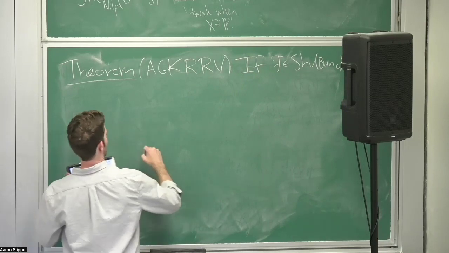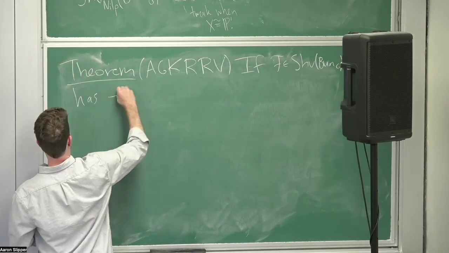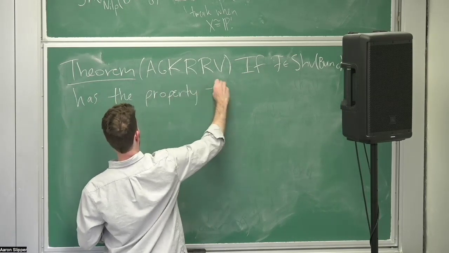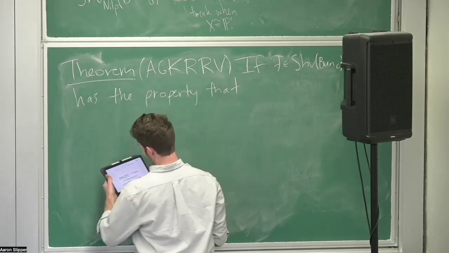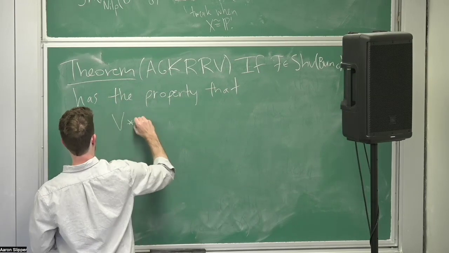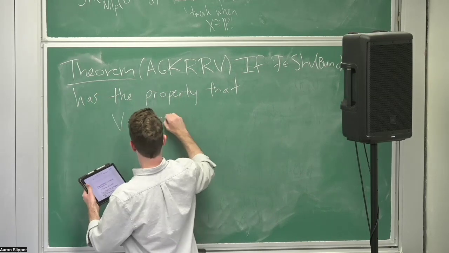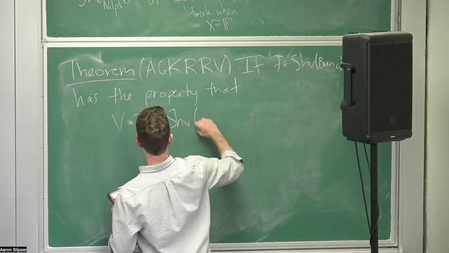so it has the property that when I act on it by some element of Rep G check, it lands in this tensor product.